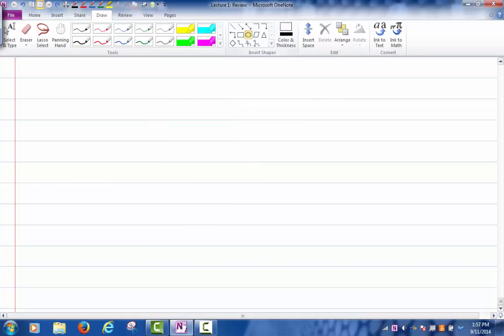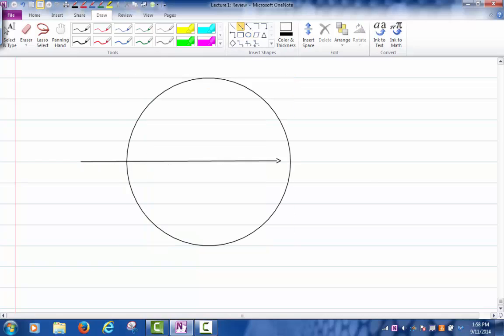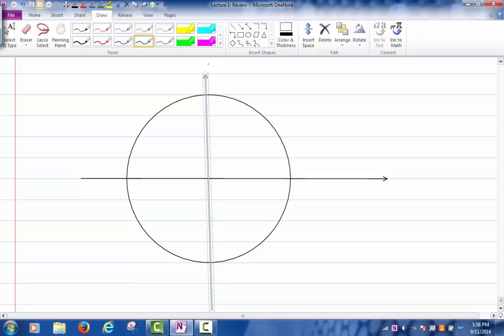I am going to make a bigger circle. Okay, so this is still the unit circle.